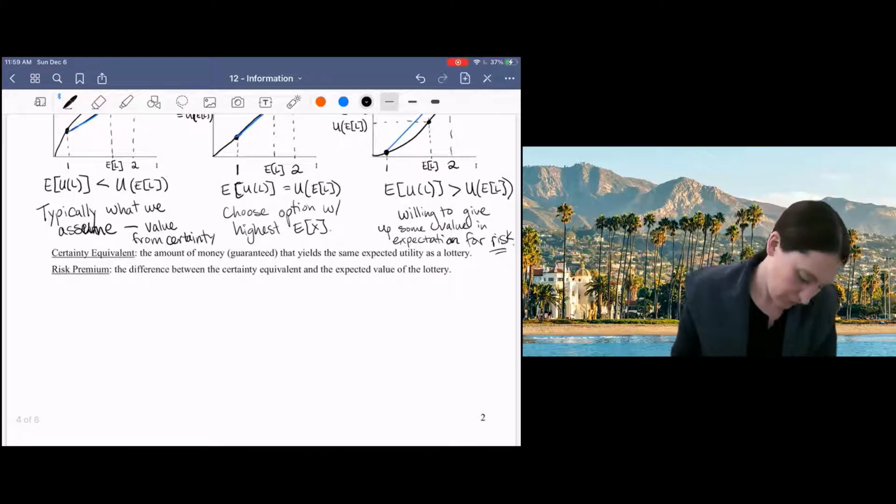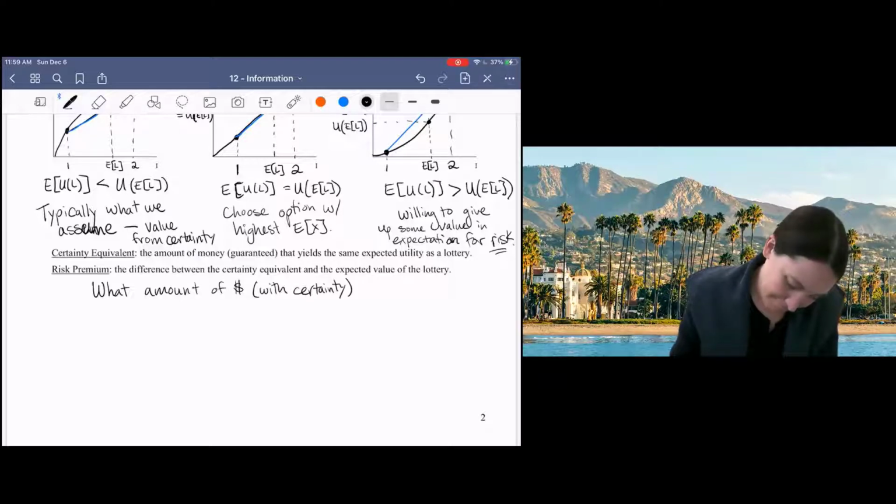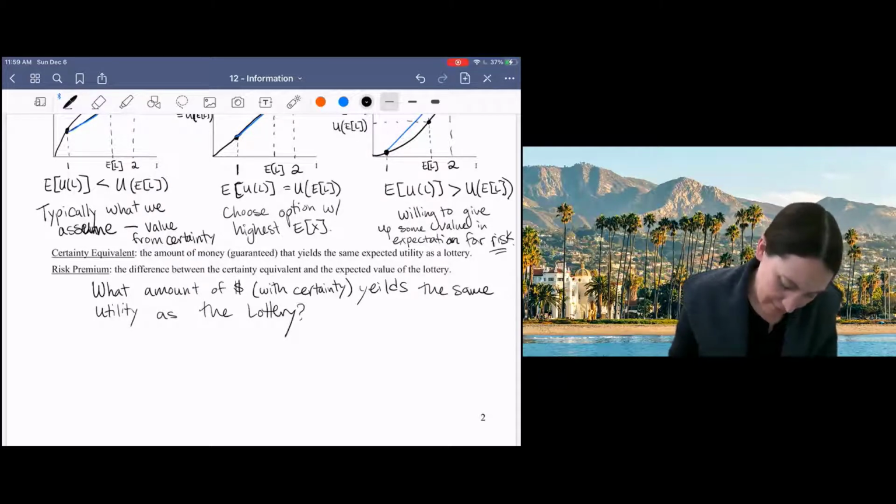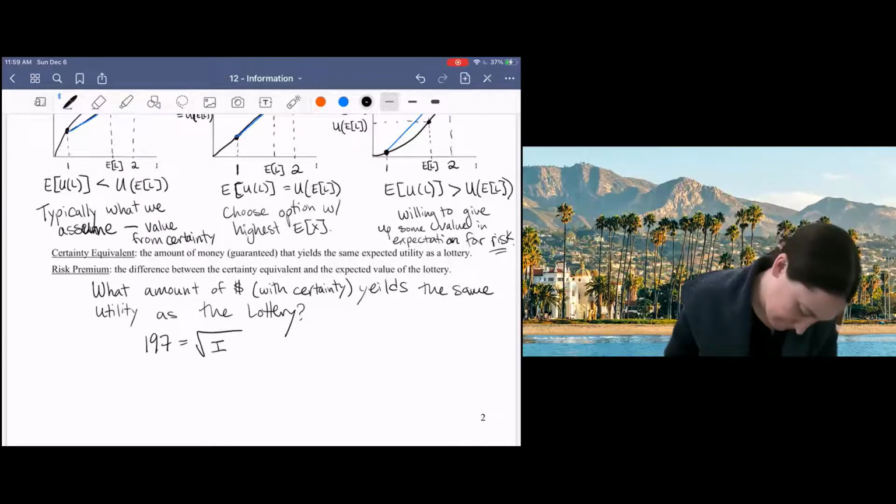So what amount of money with certainty yields the same utility as the lottery? All right, so the lottery gives us 197 utils, right?